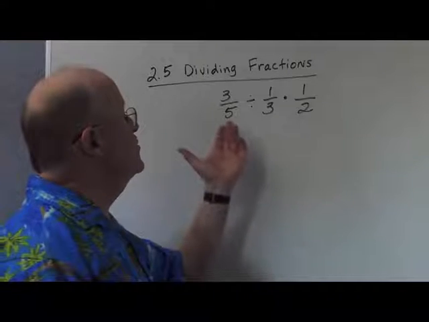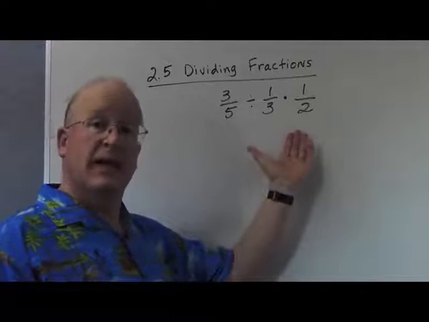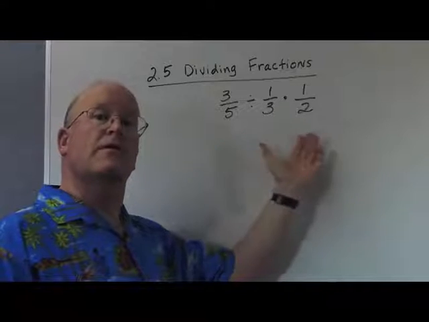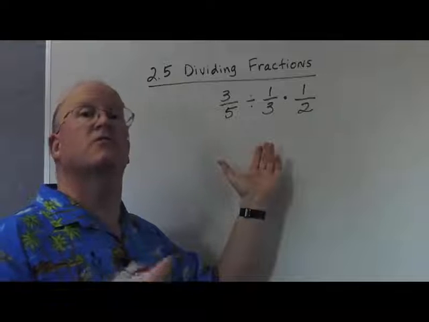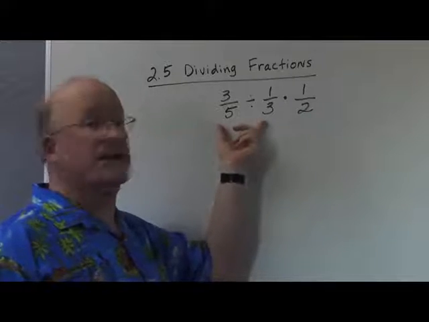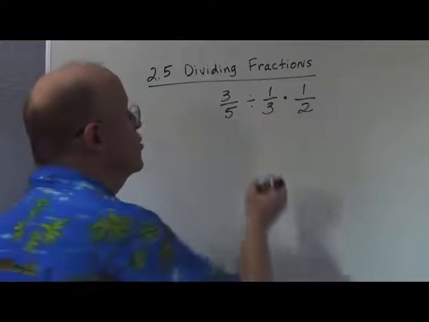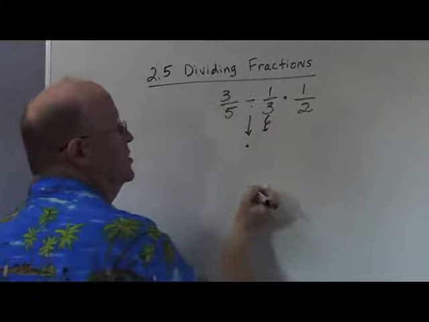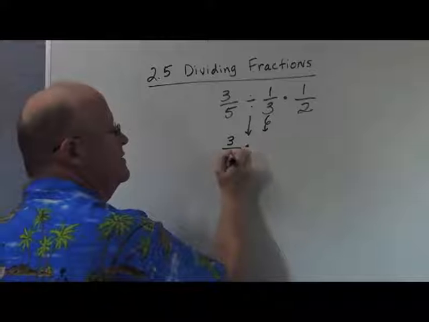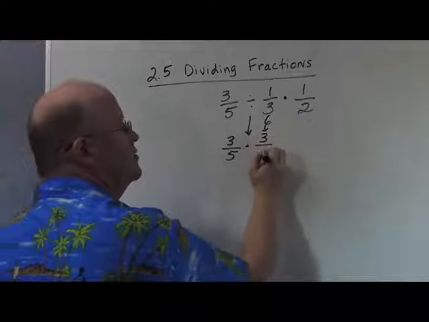Let's say we have a problem in which there's both division and multiplication. Remember that these are equally important under the order of operations, and we do whichever one shows up first, which in this case is the division. We're going to change this into multiplication of the reciprocal, and this will become 3/5 times 3 over 1.